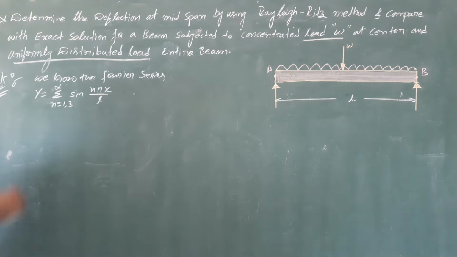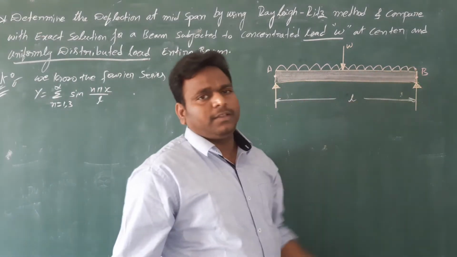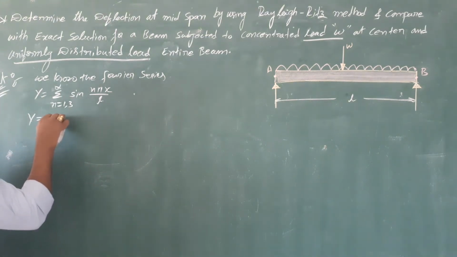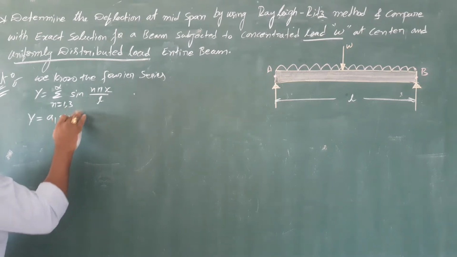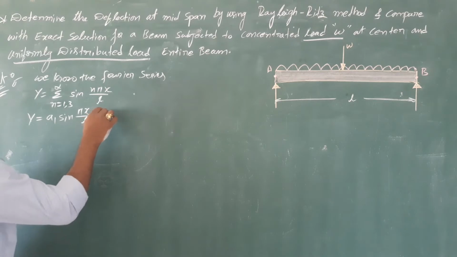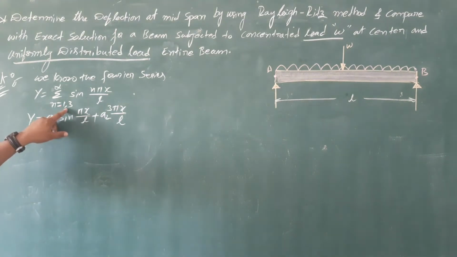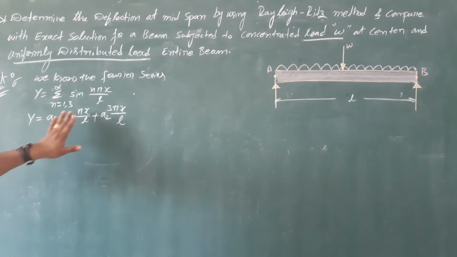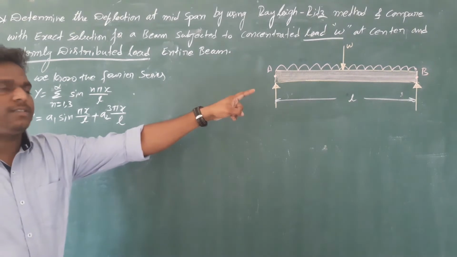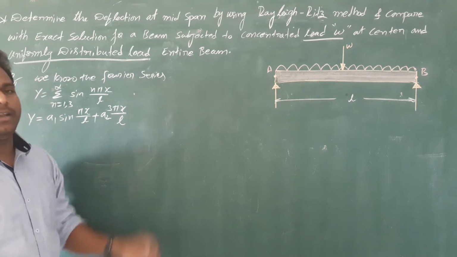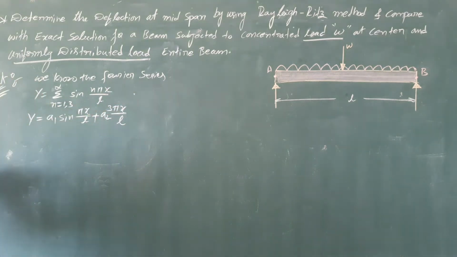Now there are two nodes here, A and B, so because of this we will get y is equal to A1 sine of 1 pi x by L plus A2 sine of 3 pi x by L, because the summation has n equal to 1 and 3. If there were three nodes, the next term would be plus A3 sine of 5 pi x by L, but there are none, so I am writing only two terms.